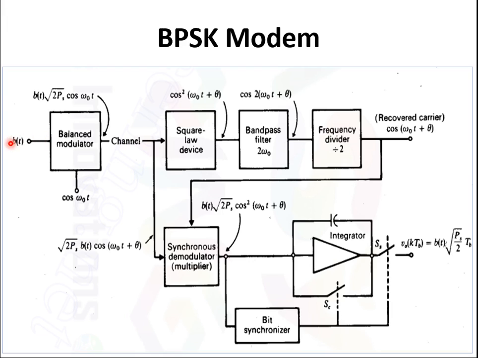This is b(t), which is our original bit stream, and this is cos omega naught t, which will be the carrier. Bit stream multiplied by carrier gives you a modulated wave, and you can observe here b(t) into cos 2 omega naught t, so this will be my modulated wave.